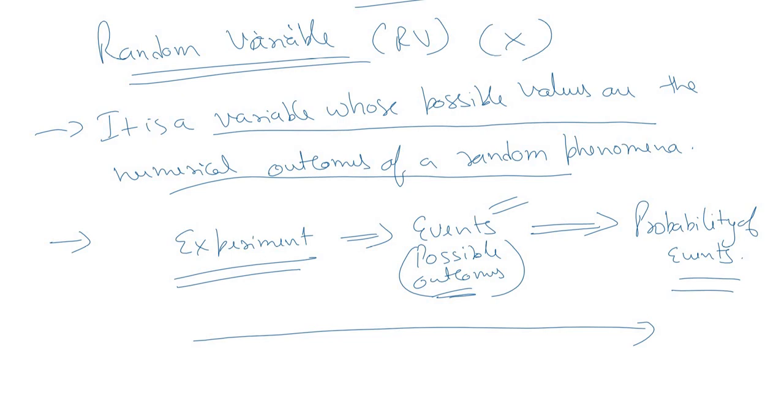Since this whole experiment is random in nature, every time you throw a dice, you cannot predict the expected outcome, if it is an unbiased dice. So this entire chain of process is required to analyze a random process, and that is the maximum information or knowledge that we can have about a random process.